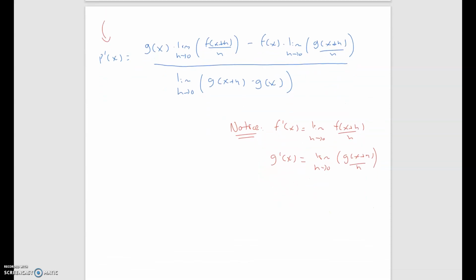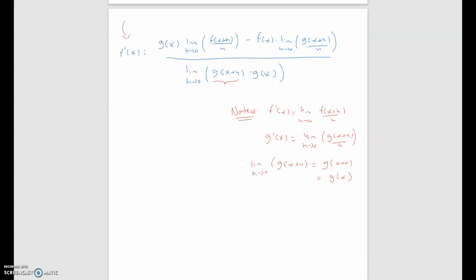And also as h goes to 0, g of x plus h is just g of x plus 0, or g of x. So technically this function doesn't go to 0, it goes to g of x.